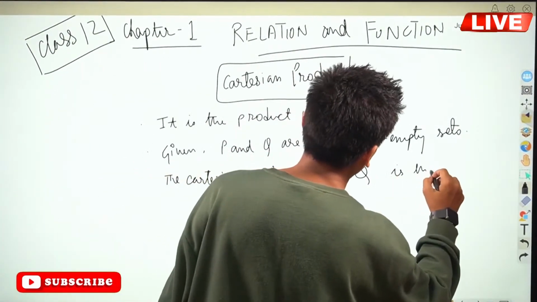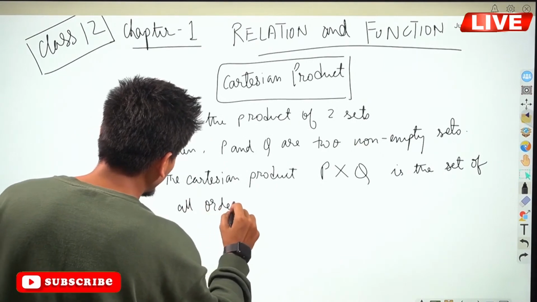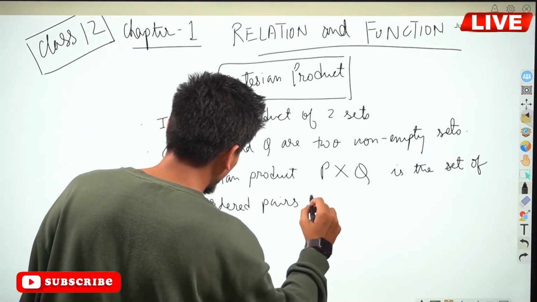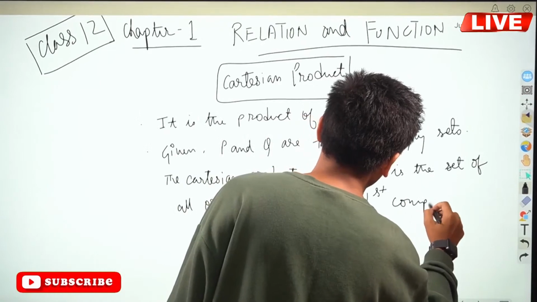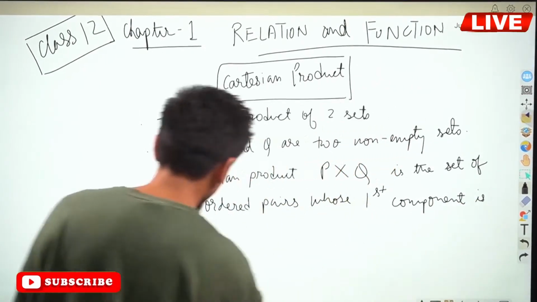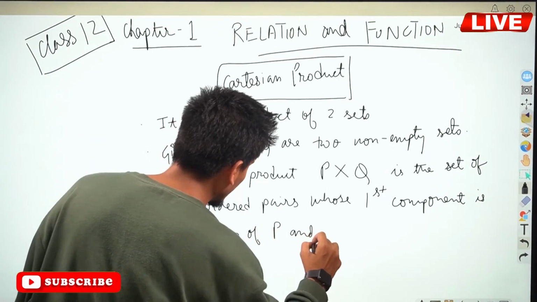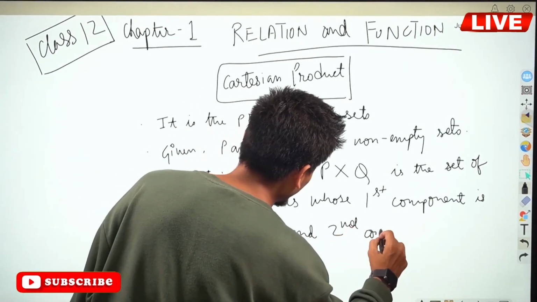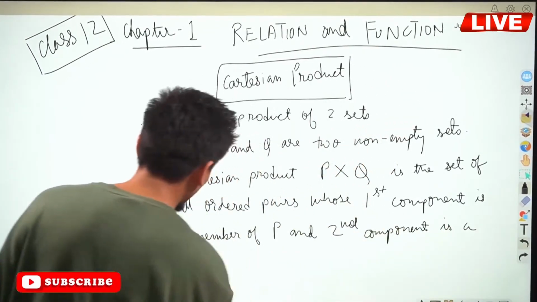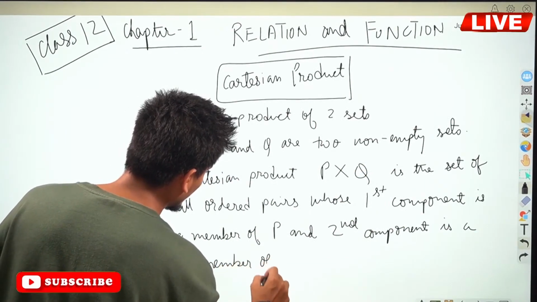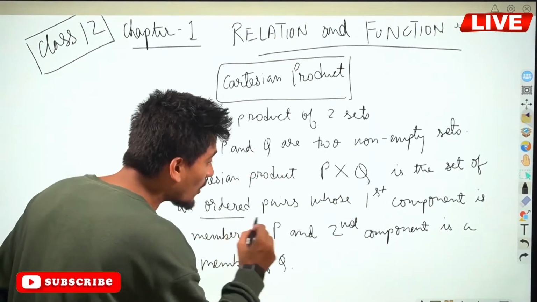the set of all ordered pairs whose first component is a member of P and the second component is a member of Q. That means the Cartesian product means the set of all ordered pairs.